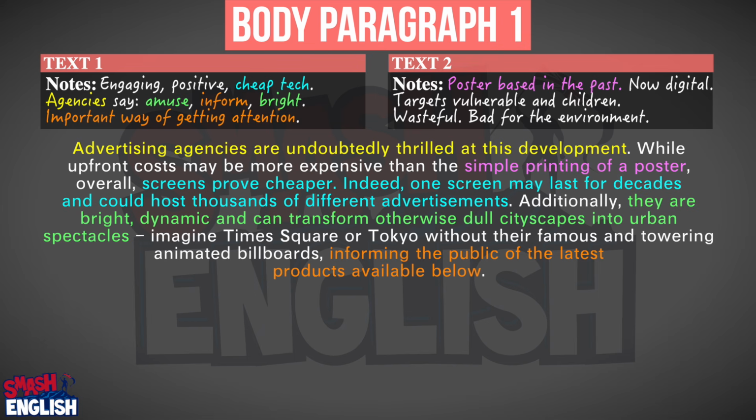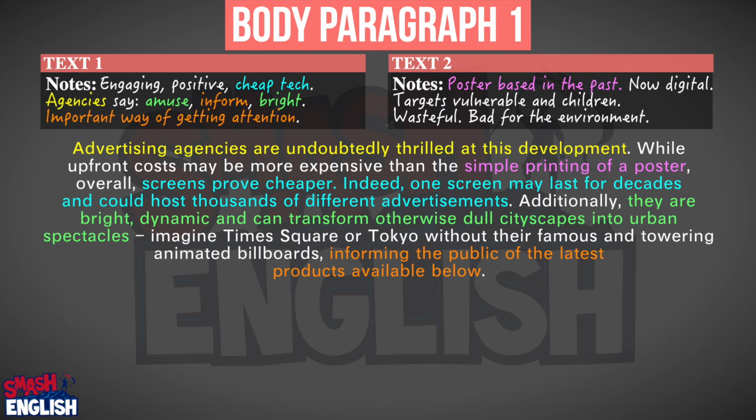I open my paragraph with a topic sentence that lets the reader know that this paragraph will deal with the positive aspects of the digital screen. I then discuss and evaluate the claim related to costs and expand on it. I do the same with the claim related to them being bright, attractive, and informative. This is important.